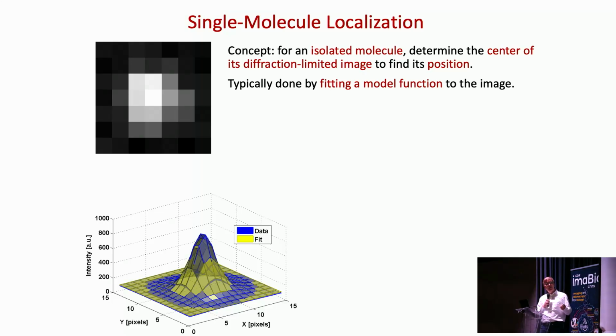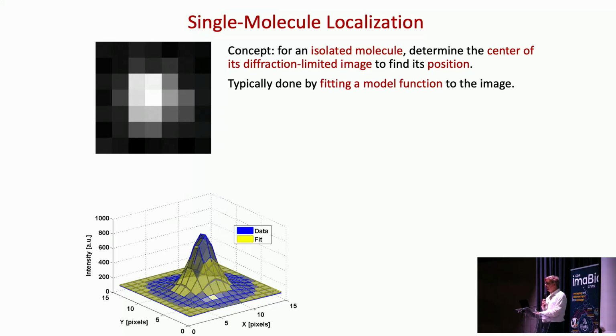And we do this by fitting a model function typically to the intensity distribution of that single molecule we have imaged. That now gives us the position of a single molecule, but that's not a super resolution image, right? That's just the position of a single particle that we can, for example, use in particle tracking.